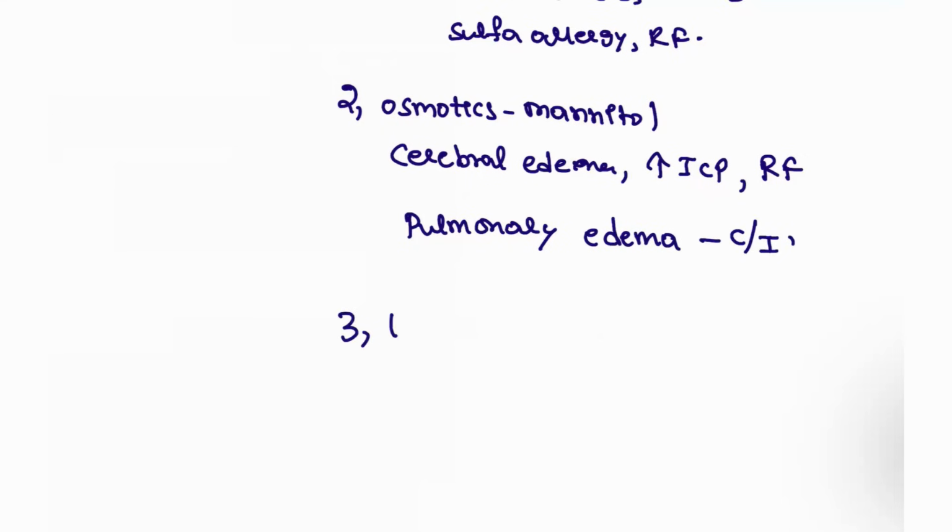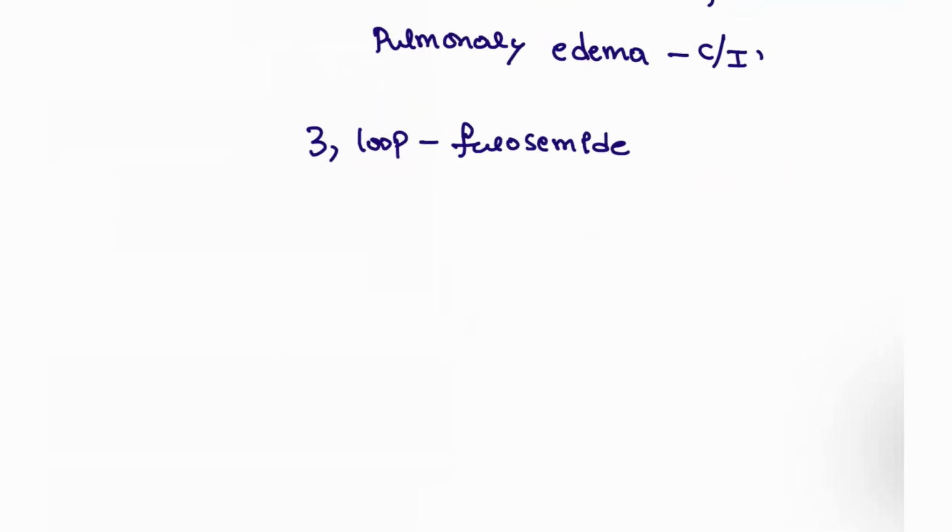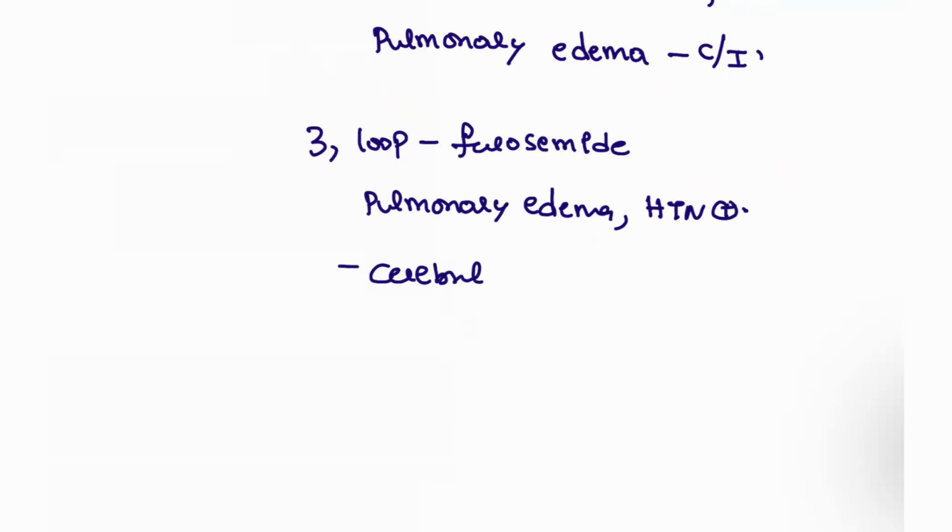The third one is loop diuretics, furosemide being one of the drugs. Furosemide can be given in patients with pulmonary edema and also in patients suffering from hypertension. But it should not be given in patients with cerebral edema. Cerebral edema is a contraindication, vice versa with the osmotics.